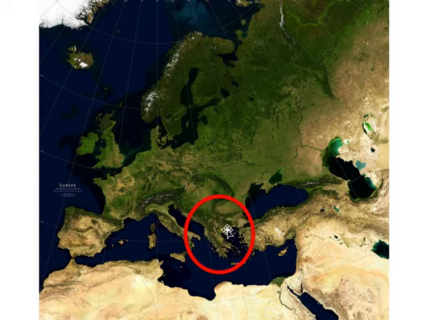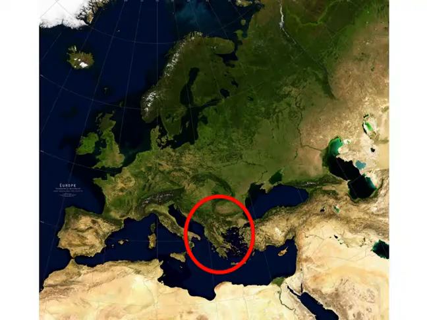And here is Greece, kind of in the middle of that whole thing. And this area right here is the Aegean Sea between Turkey and Greece. Here's the Adriatic, and here's the Ionian. But they're all part of the Mediterranean Sea, the world's largest sea.